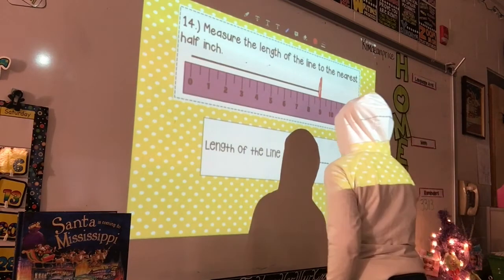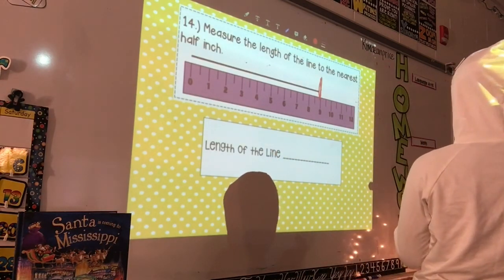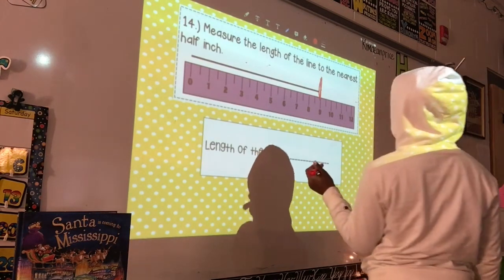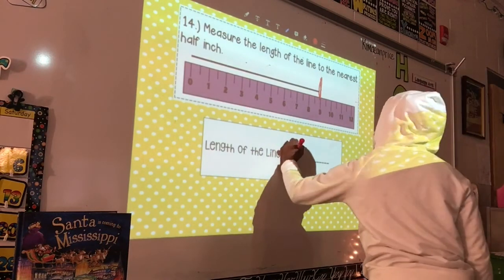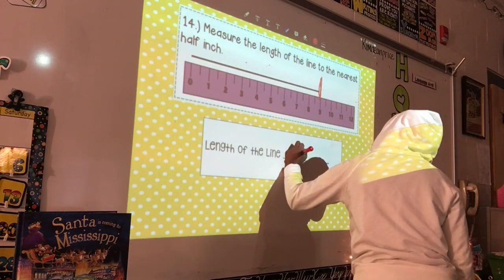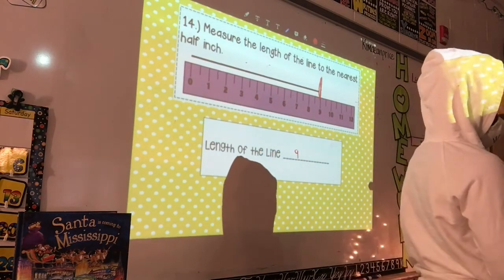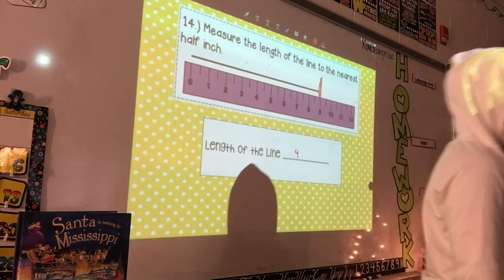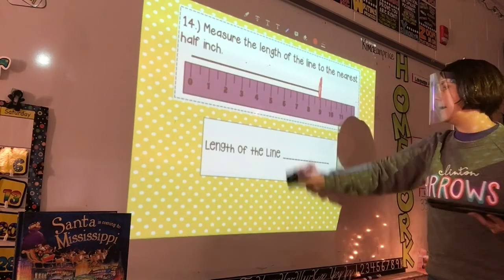We're just still doing our line plot. Good. 9. That's it. This one does not have a half with it. Okay? So this one stopped at 9.